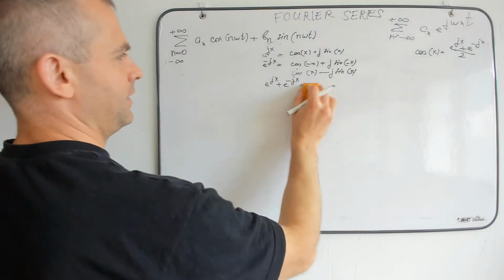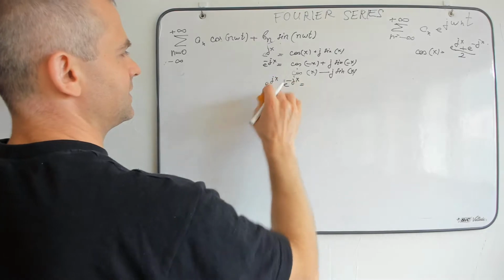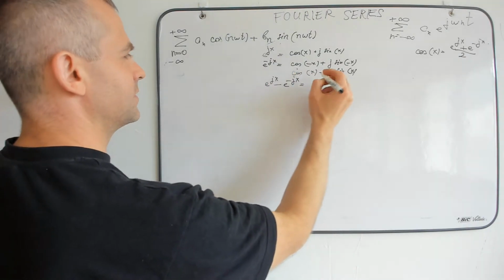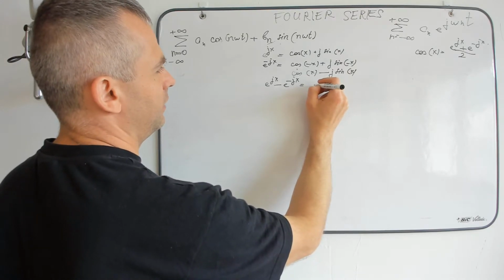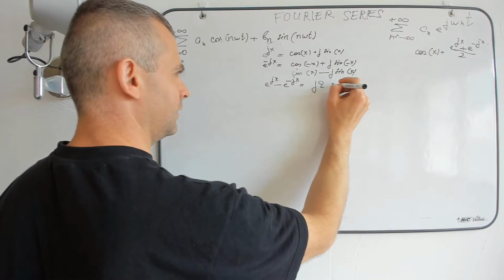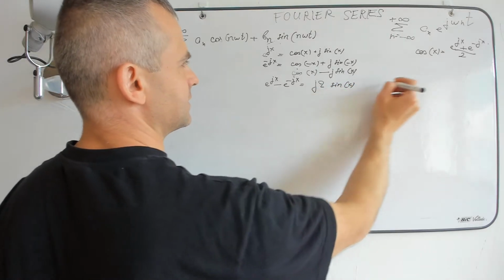Same way, if I subtract exponential minus jx from exponential jx, I'll get j2 sinus of x.